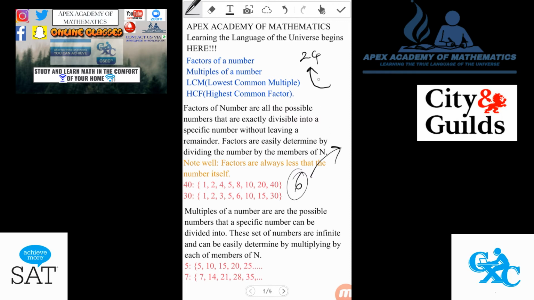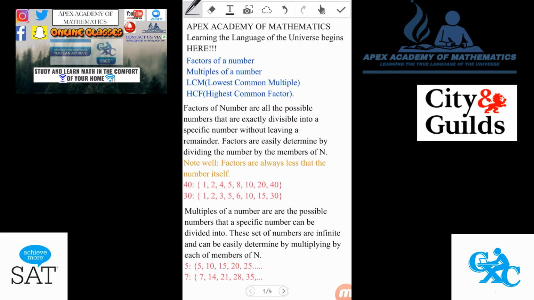So here you will see that factors are finite, multiples are infinite. You cannot list all the multiples because 6 can go into an infinite amount of numbers, but only a certain amount of numbers can go into 24. It's really good that you understand the concept.